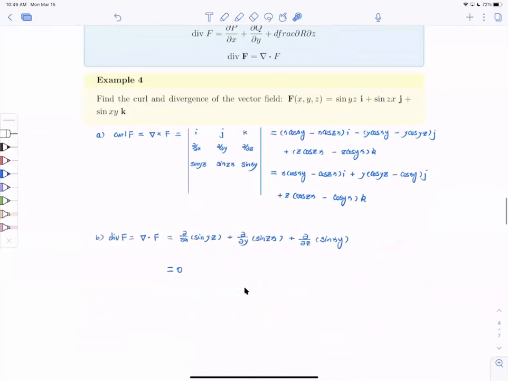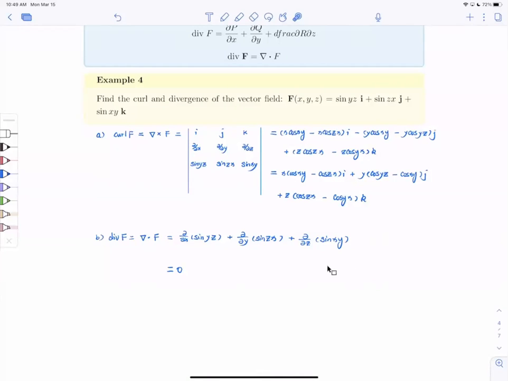Any other question? I think you have some questions like that in your textbook. Let's see. Curl and divergence. I think it should be something like that. Verify.